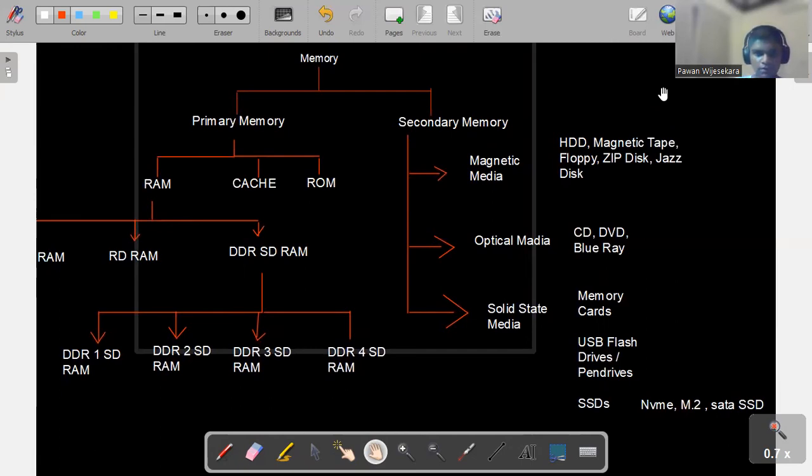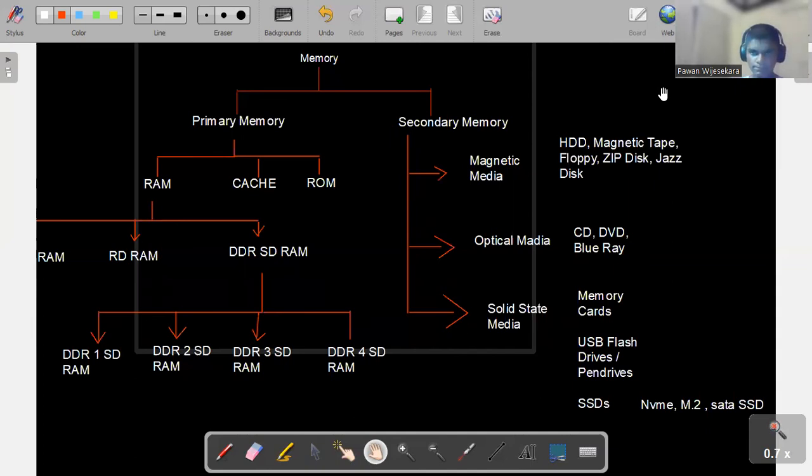Does not contain any moving parts or mechanical parts, right? The solid state media is made of ICs, integrated circuits. So therefore, its durability is high. It has very high durability, right?